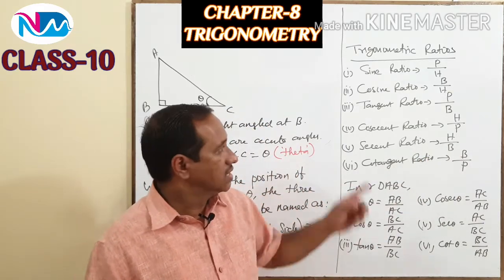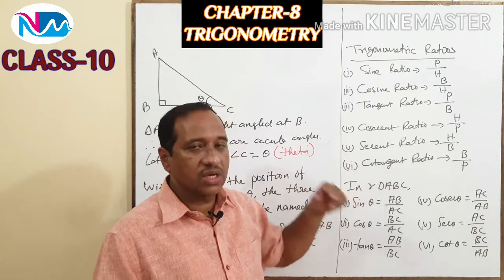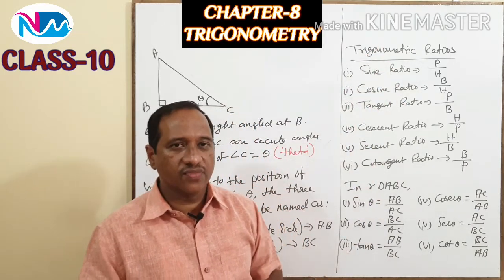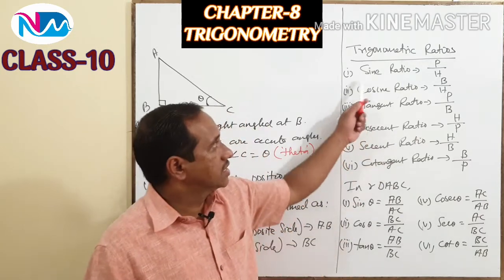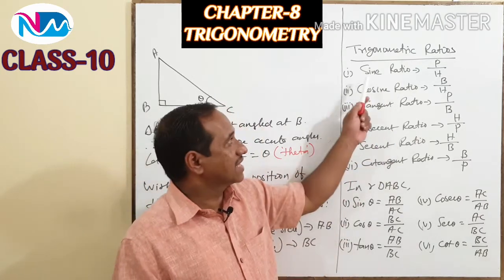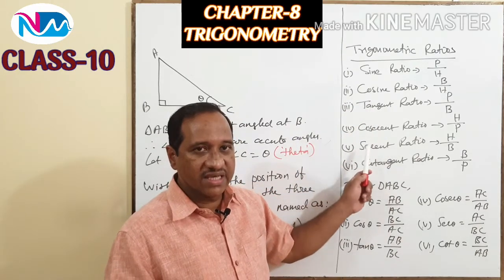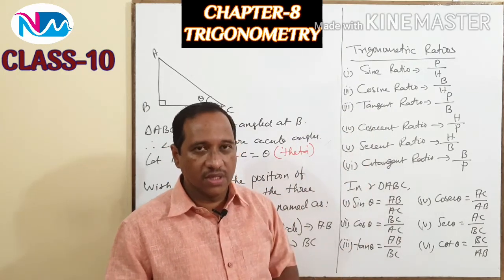You can see that last 3 ratios are the reciprocals of the first 3 ratios. In short, these ratios are called as sine, cos, tan, cosec, sec, and cot.